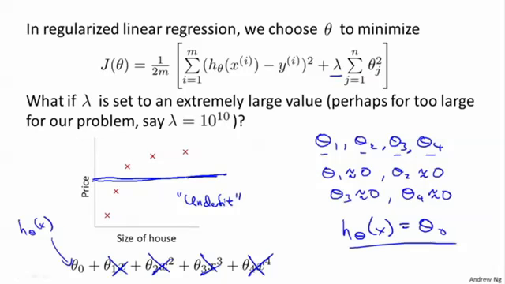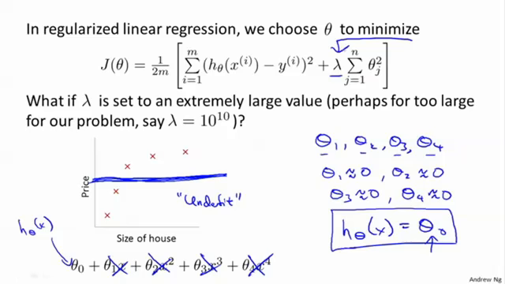Another way of saying this is that this hypothesis has too strong a preconception, or too high a bias, that housing prices are just equal to theta 0. Despite the clear data to the contrary, it chooses to fit just a horizontal flat line to the data. So for regularization to work well, some care should be taken to choose a good value for the regularization parameter lambda as well.